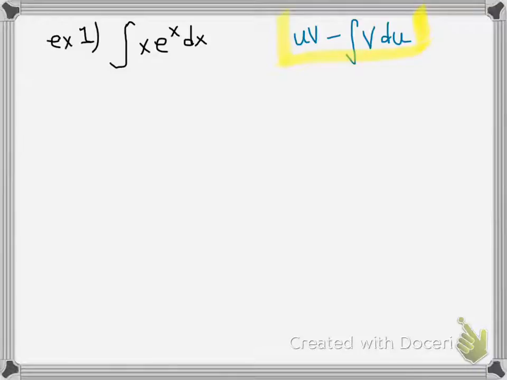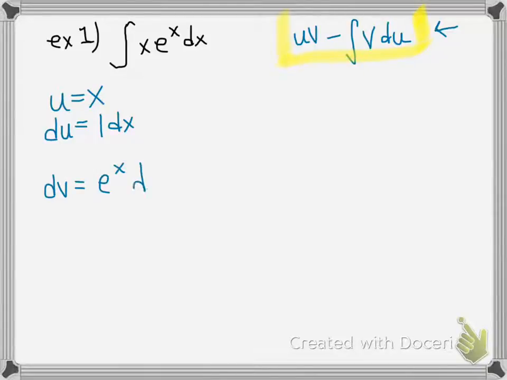So here's our first example. I have the integral of x times e to the x dx, and again, here's our formula as a reminder. We're going to let u equal x, because the derivative of x is 1, and that's a lot simpler than x by itself. And we're going to let dv equal e to the x dx.